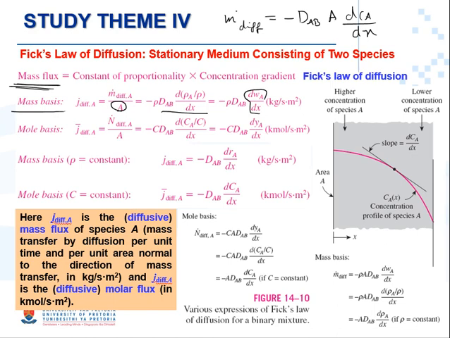Finally, for the mass basis expression we can say that the mass flux is density multiplied by a constant. We know what the constant is. What was the constant? You remember how we called it? Yes, diffusion coefficient, and it's proportional to the gradient of mass fraction.